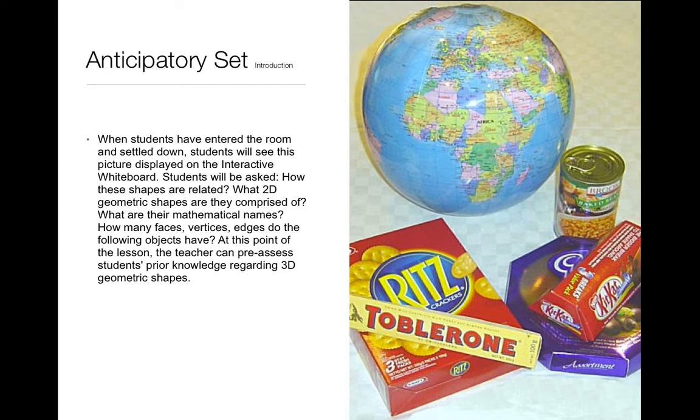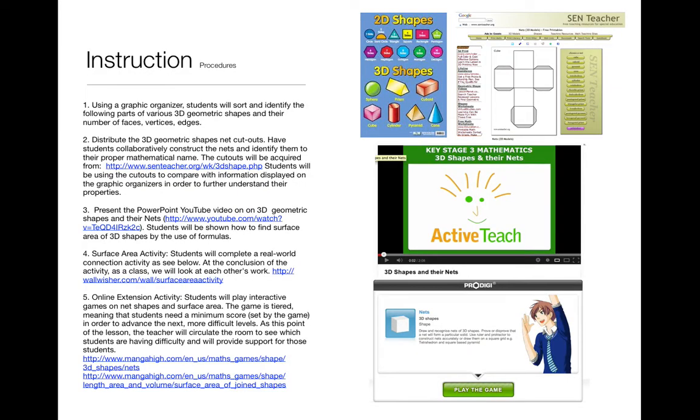It also serves as a preview to the lesson activity. In the instruction portion of the lesson, students will be creating a graphic organizer to identify various 3D shapes and their properties. With multiple online tools, I will be able to teach students about net shapes and understanding the method in calculating the surface area.